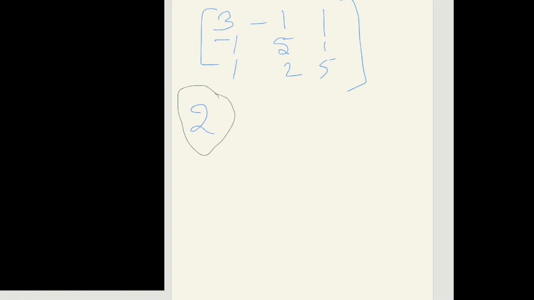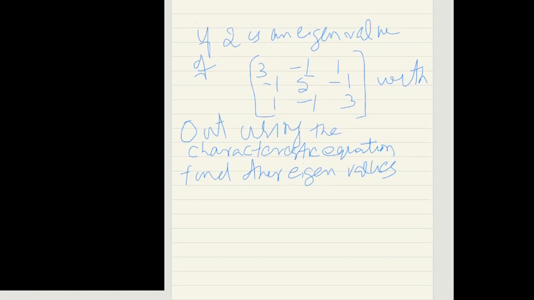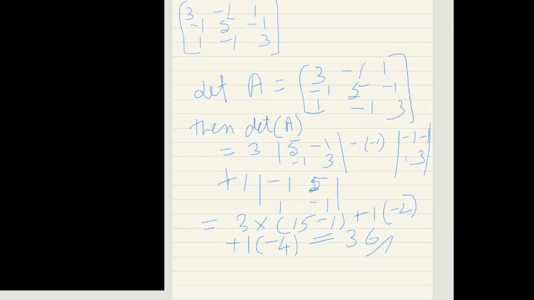So we do two things. First, we find the determinant of the given matrix. Let A be the matrix 3, -1, 1; -1, 5, -1; 1, -1, 3.